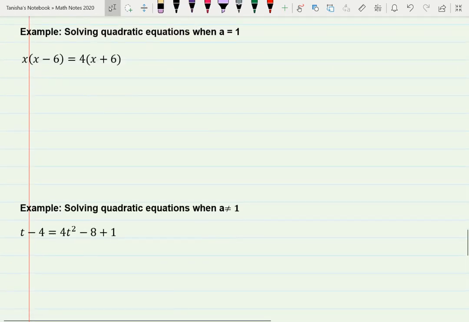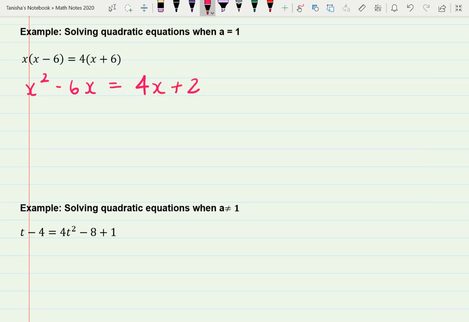Let's try the second example. We have x all times x minus 6 equals 4 times x plus 6. We want to expand, simplify, and then rearrange the equation so that the equation is set equal to 0. Again, not spending too much time on the factoring part. x squared minus 6x equals 4x plus 24.